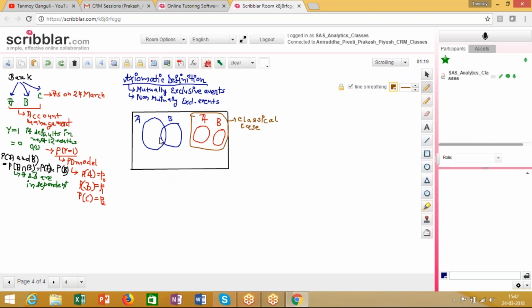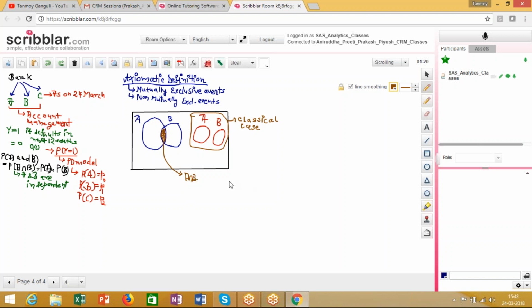So let's look into this first. This part that we get to see over here is A intersection B. What do I mean by A intersection B?